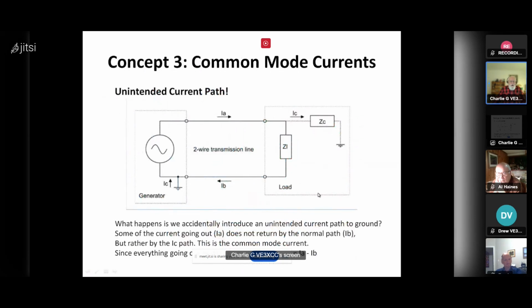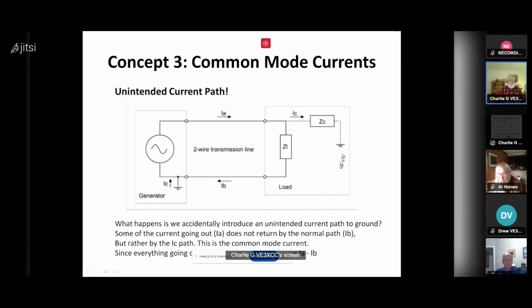So a third concept that's important here is the concept of common mode currents. And really, these typically happen because of unintended current paths. If you've got current from this generator going out, let's say the center conductor of a coax, goes through the load, a portion of it comes back on the inside of the outer shield, but another path can occur which has the current flowing to ground somehow through a load impedance of some flavor.